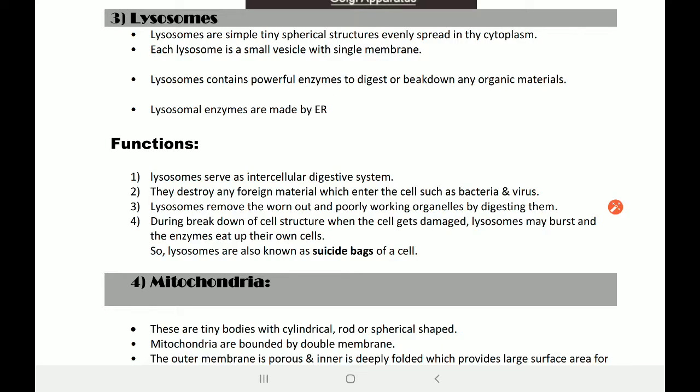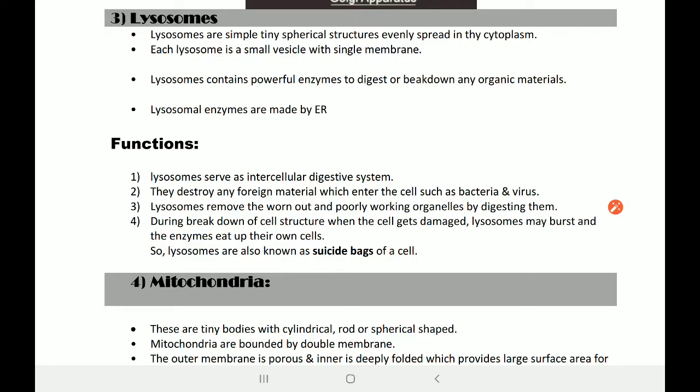During the breakdown of cell structure, when the cell gets damaged, the lysosome may burst and the enzymes eat up the complete cell itself. So lysosomes are called the suicidal bag of the cell. When the cell itself is not working properly, if the cell is weak, then the cell itself is digested by the lysosome, it breaks down itself.